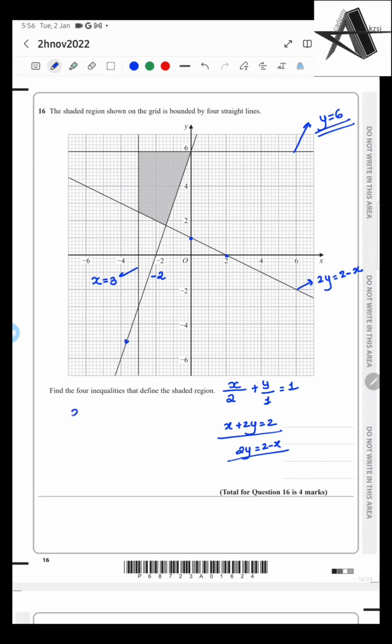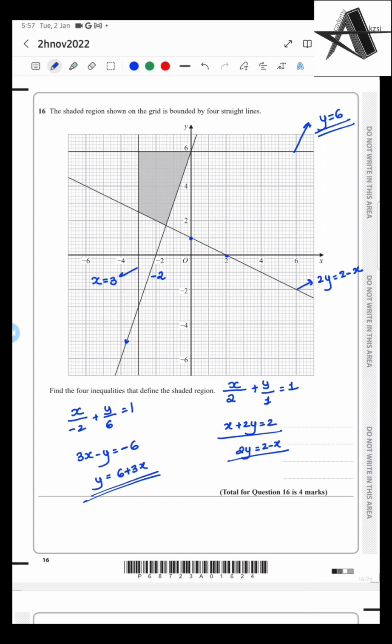So same, x over negative 2 plus y over 6 equals 1. On simplifying, you'll get 3x minus y equals negative 6, so y equals 6 plus 3x. This is going to be our equation.